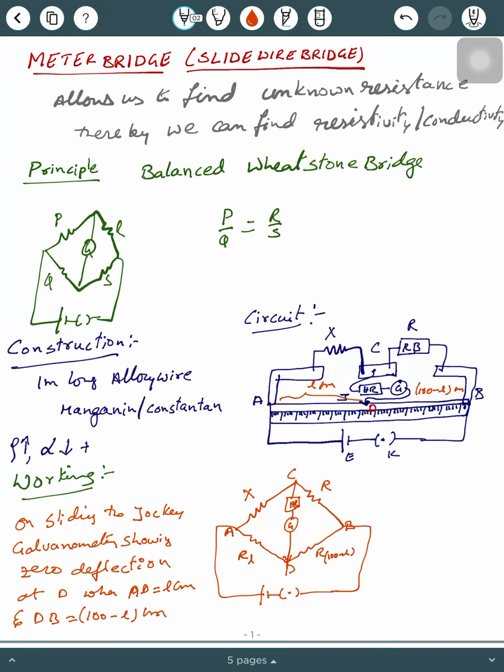As the bridge got balanced, what is the balancing condition now? P on Q is equal to R on S. If you compare with the Wheatstone bridge, in place of P you have X, in place of Q you have RL, in place of R you have R here, and in place of S you have the resistance offered by the remaining length of 100 minus L.